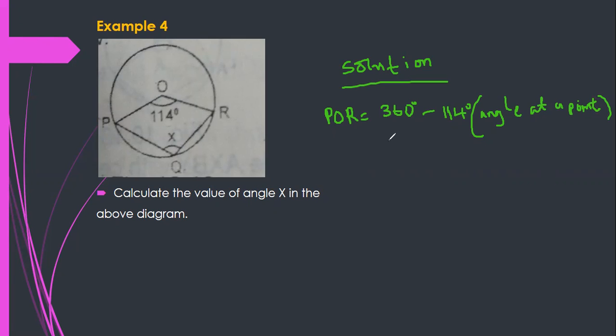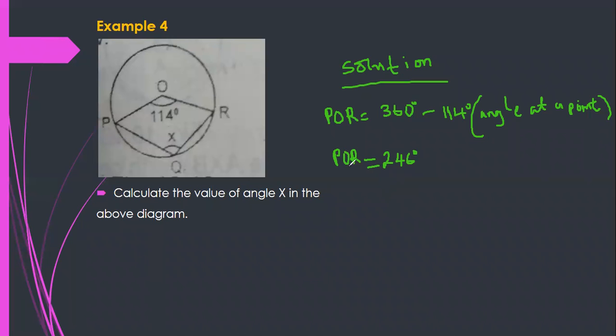So what do we have? 360 minus 114. So our POR is equal to, so this angle POR is 246 degrees.